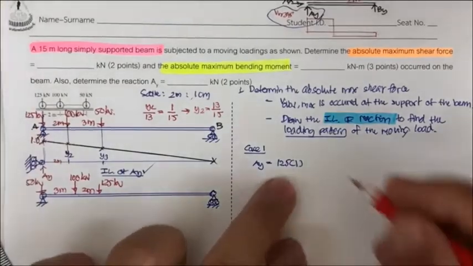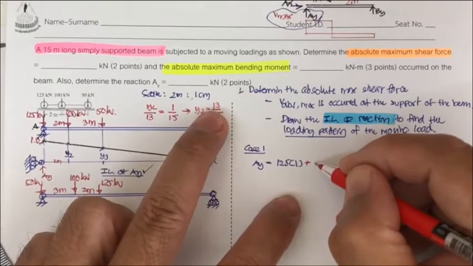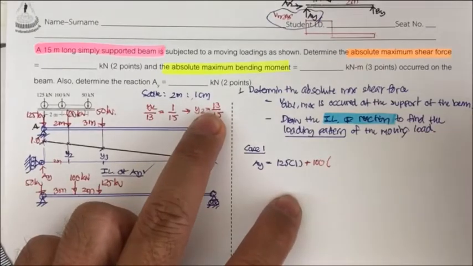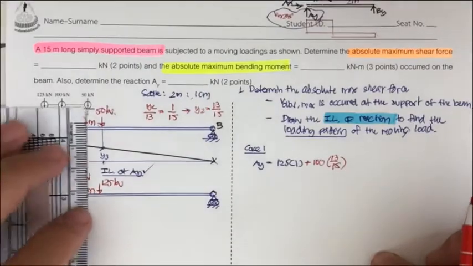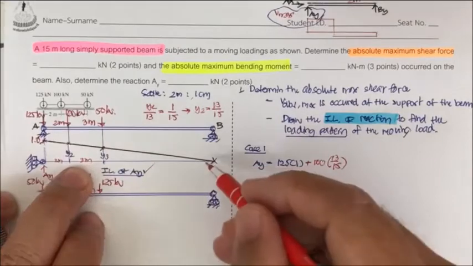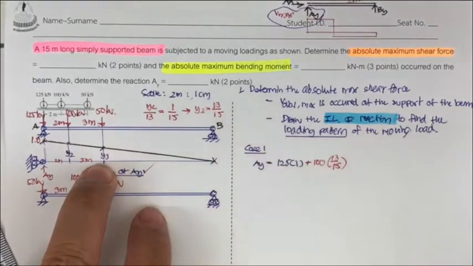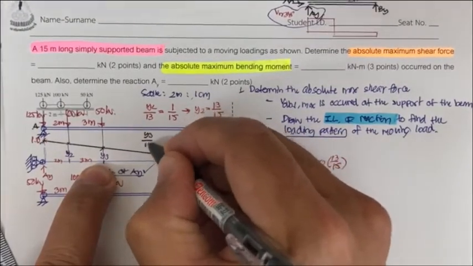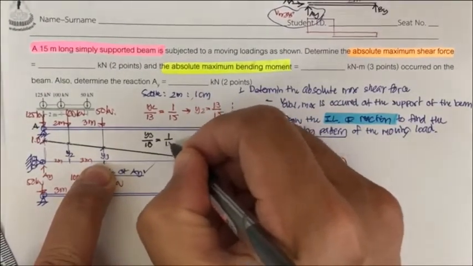Okay, so next we have plus 100 times 13 divided by 15. Okay, and the last one is here. This is 2 meter, this is 3 meter, and this length is going to be 10 meter, 15 minus 5. So we have y3 divided by 10, sorry, y3 divided by 10 equal to 1 divided by 15.